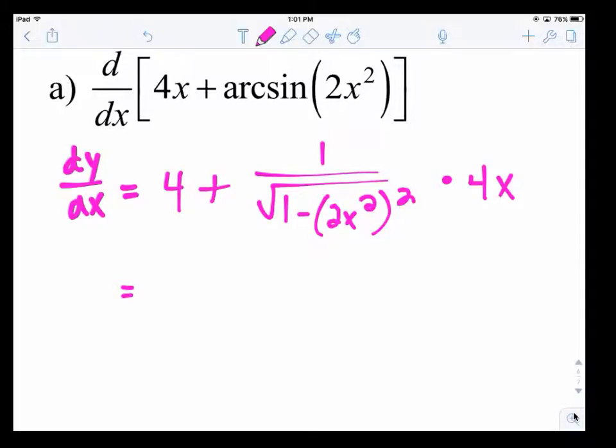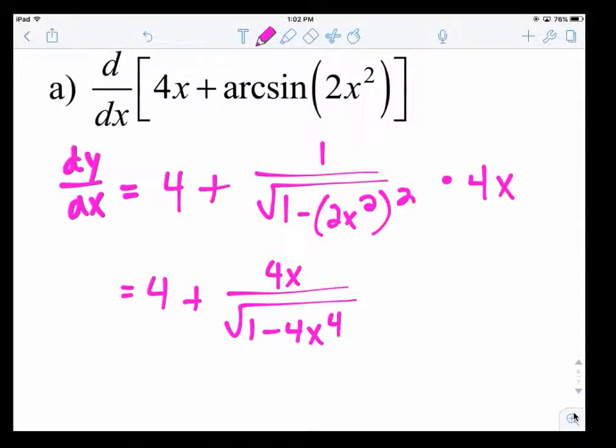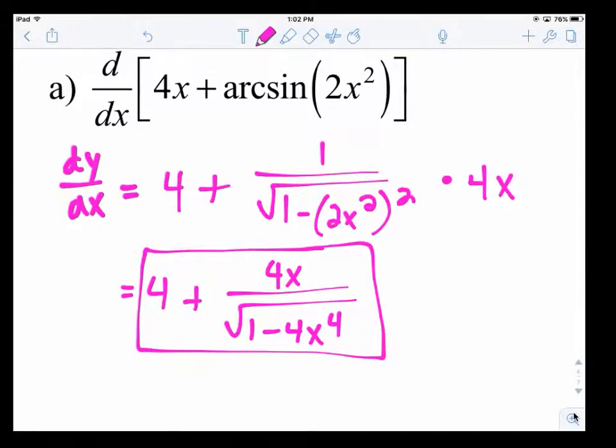So your final answer would be 4 plus 4x over 1 minus 4x to the 4th. Sometimes you do. Like if you get like a fraction, like underneath the radical, you need to do a little bit of work with it. But you can leave it like that.